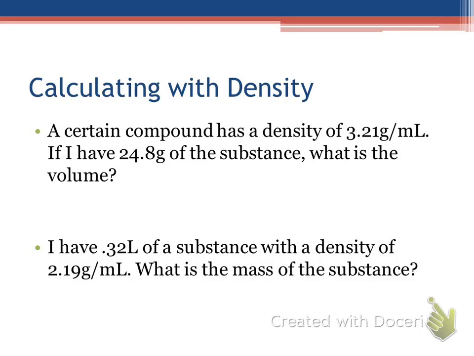Try this one on your own, the second one. If I have 0.32 liters of a substance with a density of 2.19 grams per milliliter, what is the mass of my substance? We should see something that's jumping out to us here.